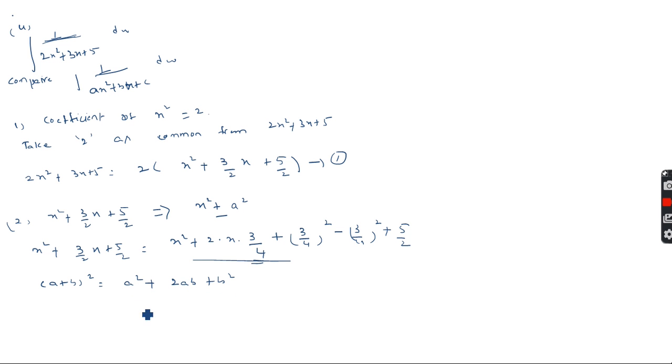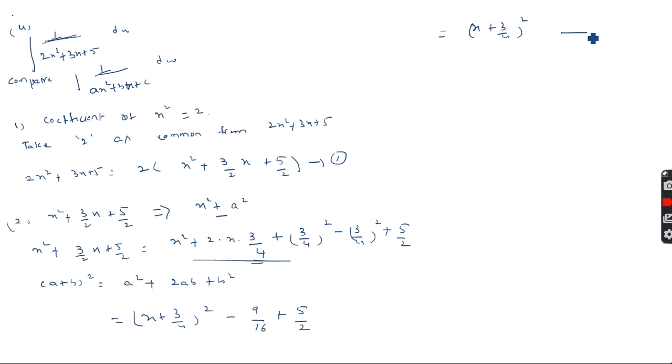So it can be written as x plus 3 by 4 whole square minus 3 by 4 whole square, which is 9 by 16, plus 5 by 2.